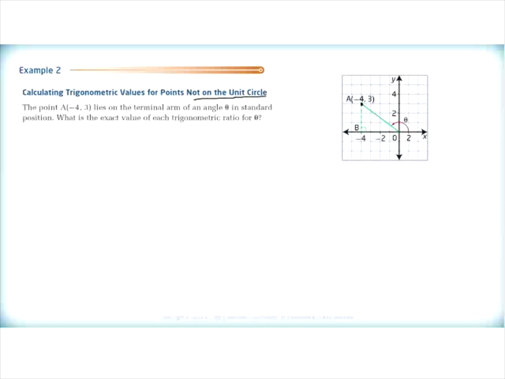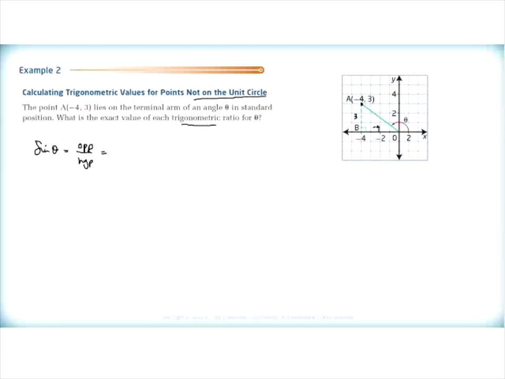Clearly, it's not on a unit circle. X is -4, y is 3. If I want to find the value of each trig ratio, all I need to do is this. The sine of the angle is equal to the opposite side over the hypotenuse in the triangle that you see over here.